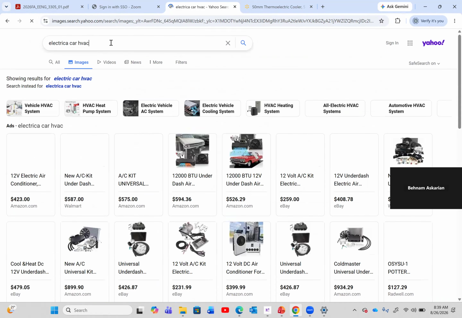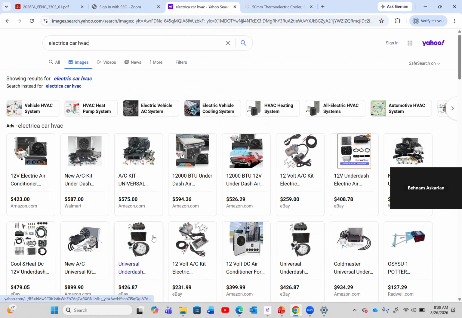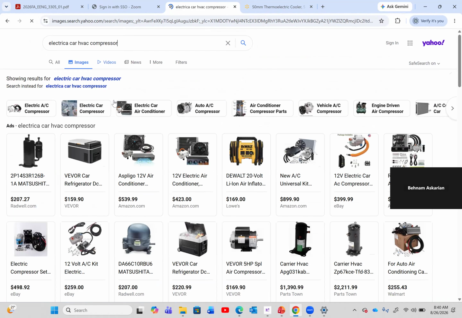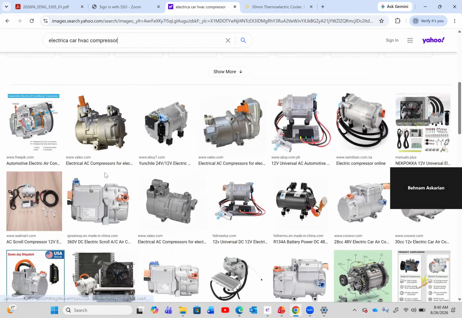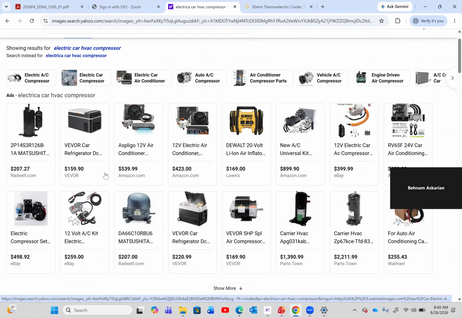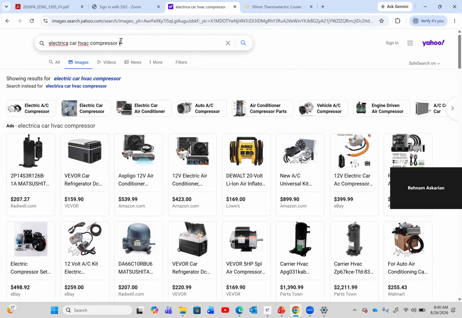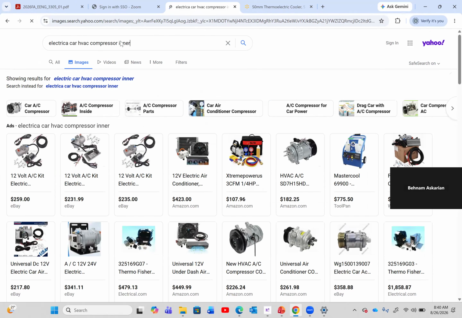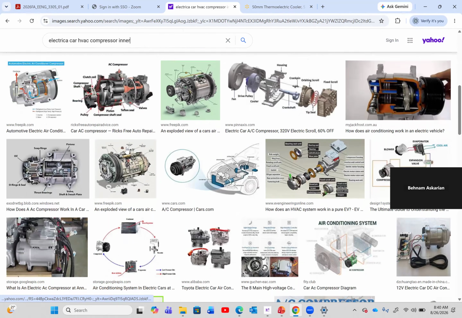It's good to know, general information that you can get. So now they are using a type of compressor that looks like this.